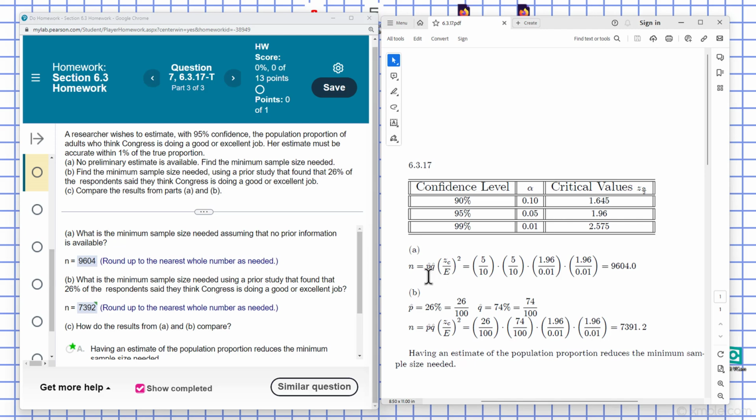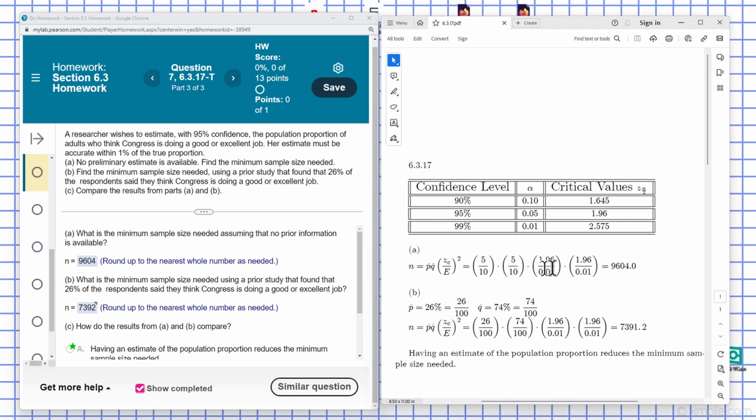Okay, so I have my p. Now this is assuming no preliminary estimate is available, so we don't know anything about the sample population. So we'll set it equal to 0.5, or 50%.